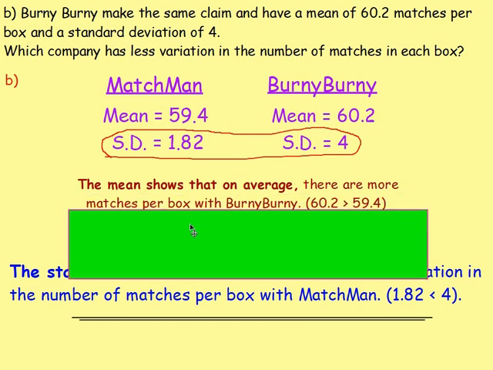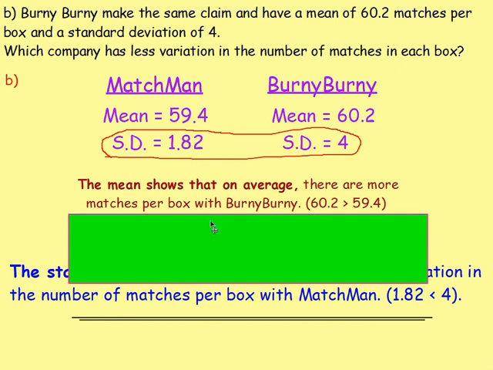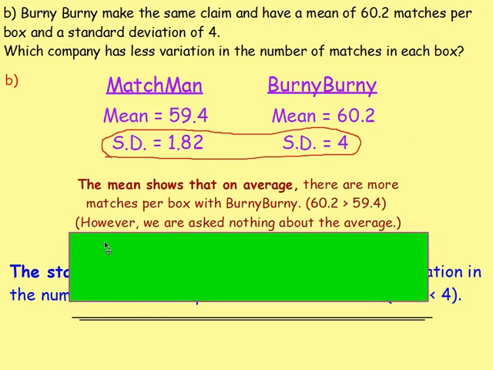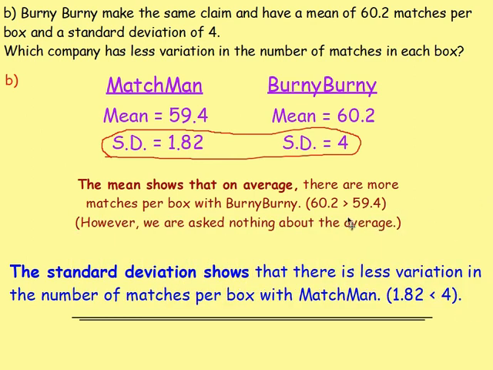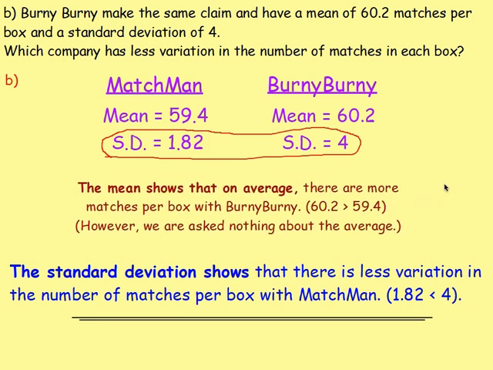So you can say the mean shows there are more matches per box with Bernie, because the 60.2 is bigger than that 59.4. Or if you flip it, the mean shows that on average there's less matches per box with Matchman because the 59 is less than the 60. But as I said, you're not asked for that. It's nothing to do with the mean or the average. You do not need that.